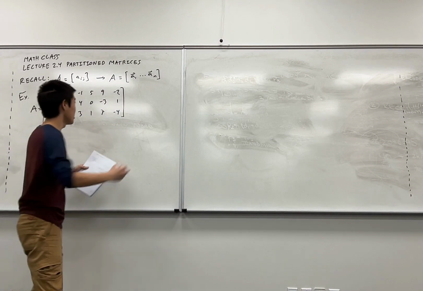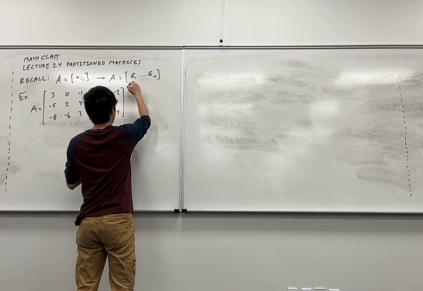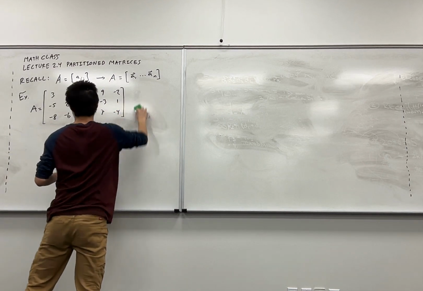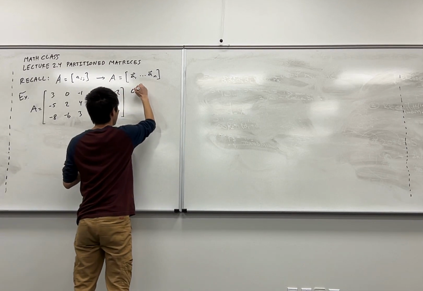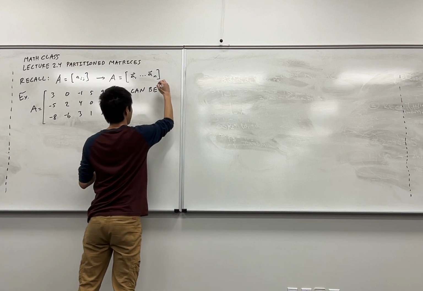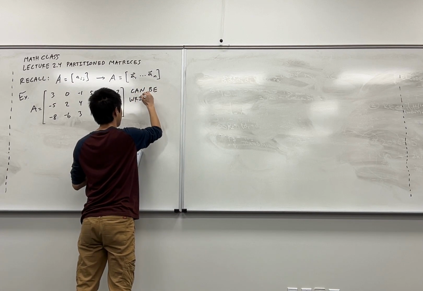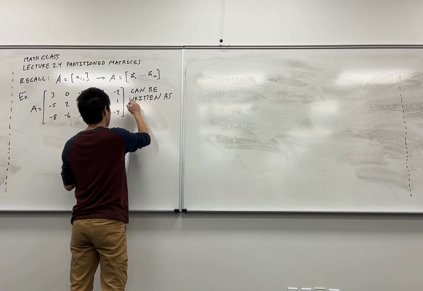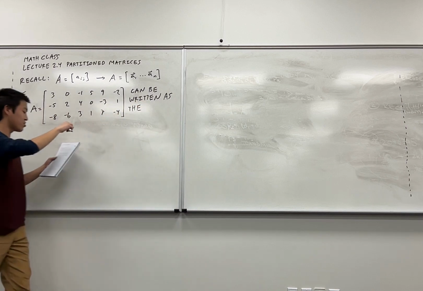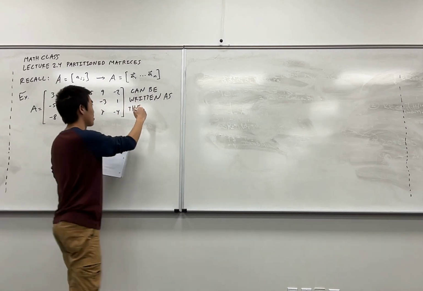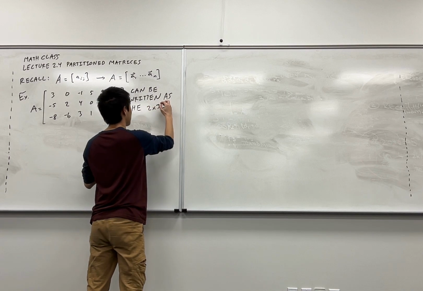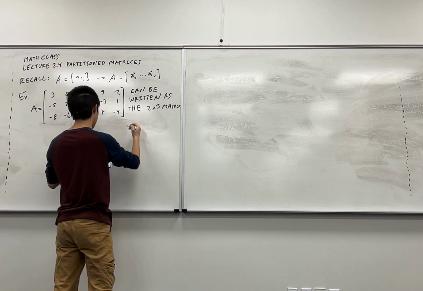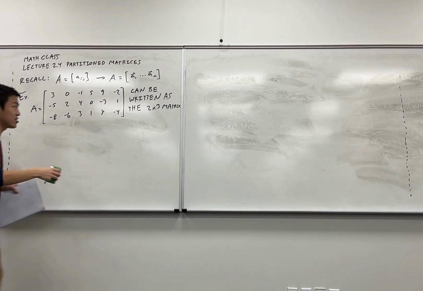That's a pretty big matrix. This can be written as, I can collapse this entire matrix into just a 2 by 3 matrix. So it can be written as the 2 by 3 matrix, actually I'll put the definition here first so that we can see it.